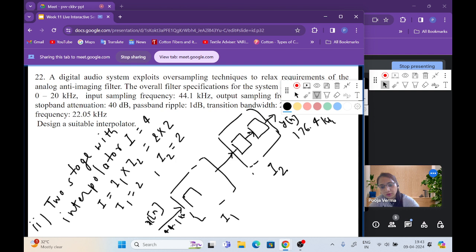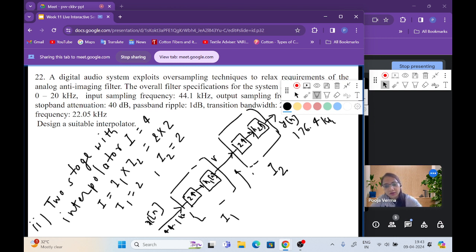Now in the I1 also there is one interpolator and anti-imaging filter. So interpolator by a factor 2, one is here, and the second one is interpolator by a factor 2. So one anti-aliasing for H1n and this is H2n. So what will be the frequency here?